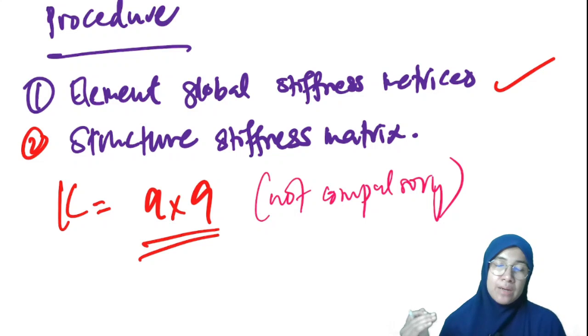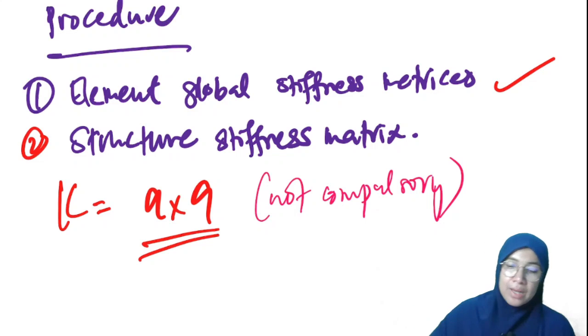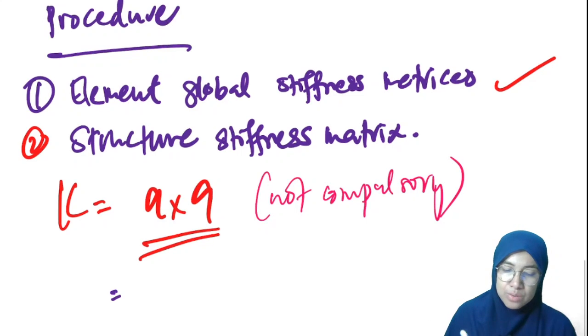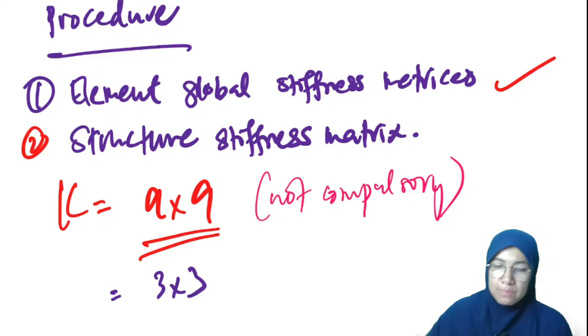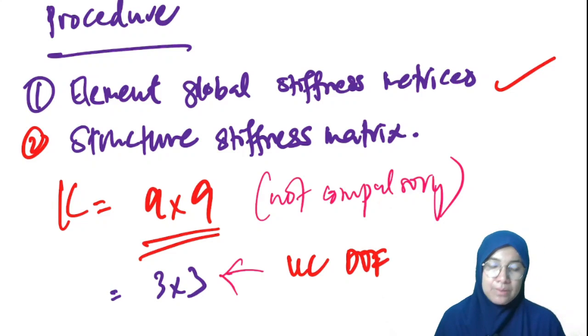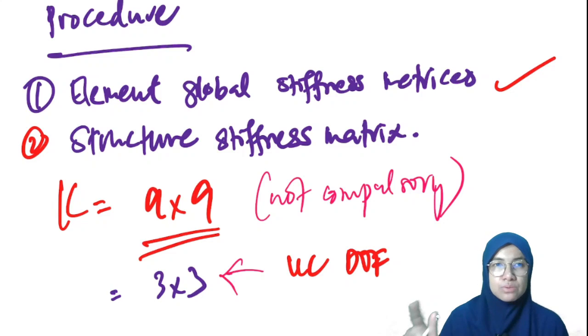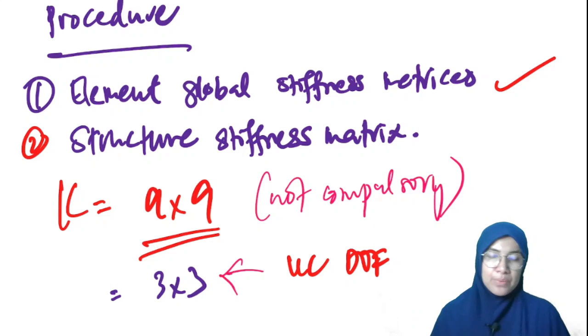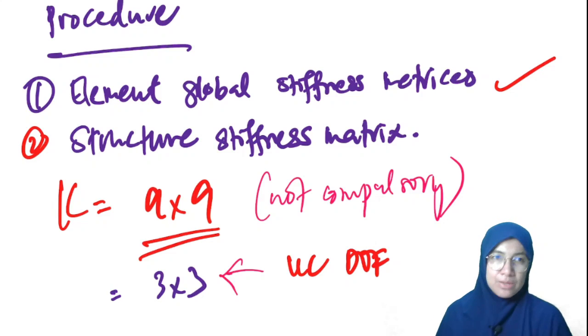We can have K, but we just need to have K which is 3 by 3, representing the unconstrained degree of freedom. 3 by 3 means 1, 2, and 3. However, we can also skip this step because we can put all the K values, K due to the unconstrained degree of freedom system, directly in the equation.